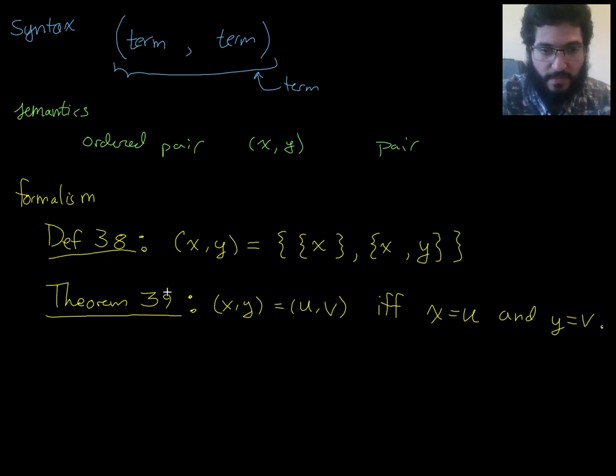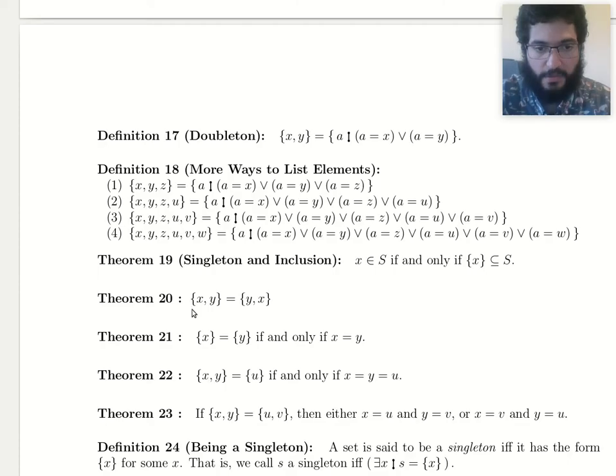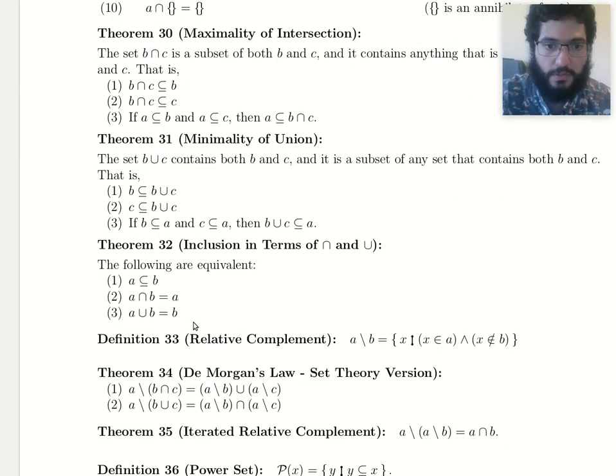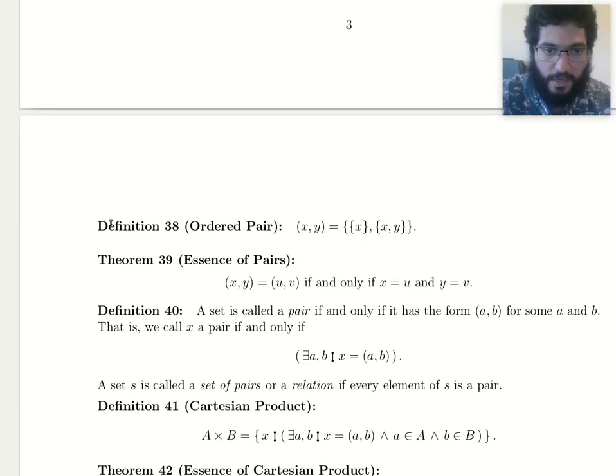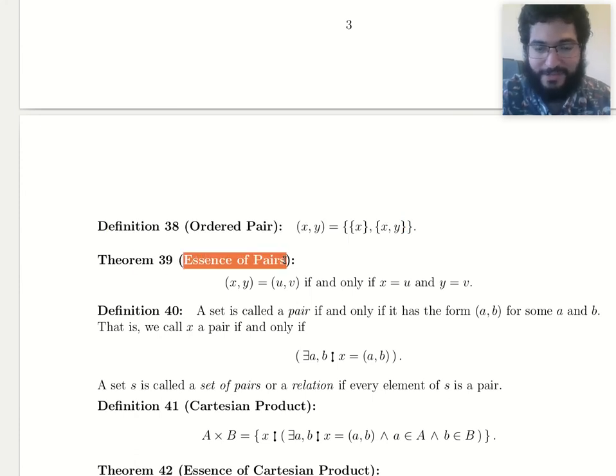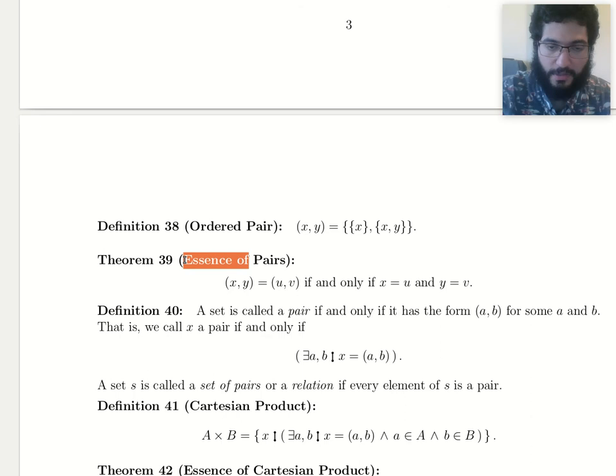So theorem 39 shows up down here, right after the definition of ordered pair. The title is essence of pairs. Remember I told you before about essence of theorems? I'm choosing to put this title, essence of, for any theorem where the theorem is actually more important than the definition.